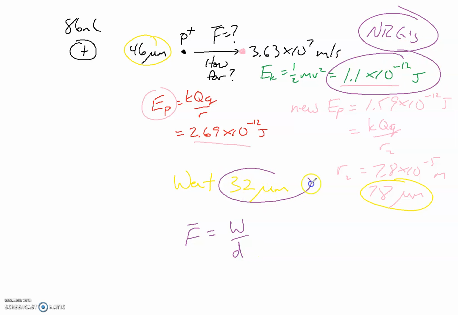The distance I'd want to use is the one that it actually traveled. If I divide those two, I get an average force of around 3.4 times 10 to the negative 8 newtons. All right, so there is my average force. Let's clean up that 8 a little bit. That's a little better.